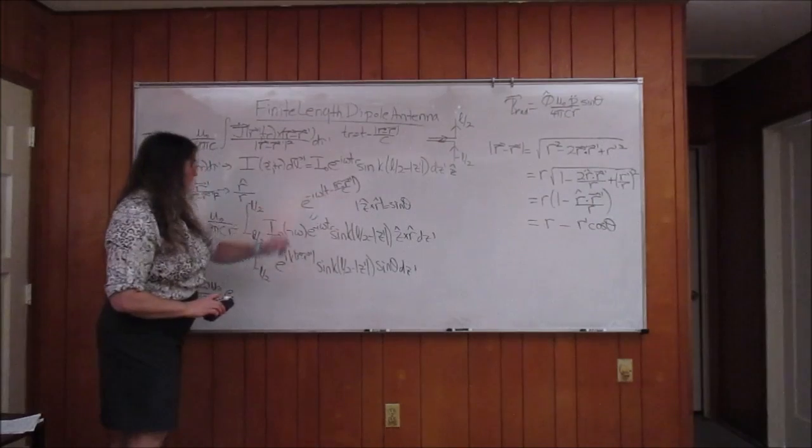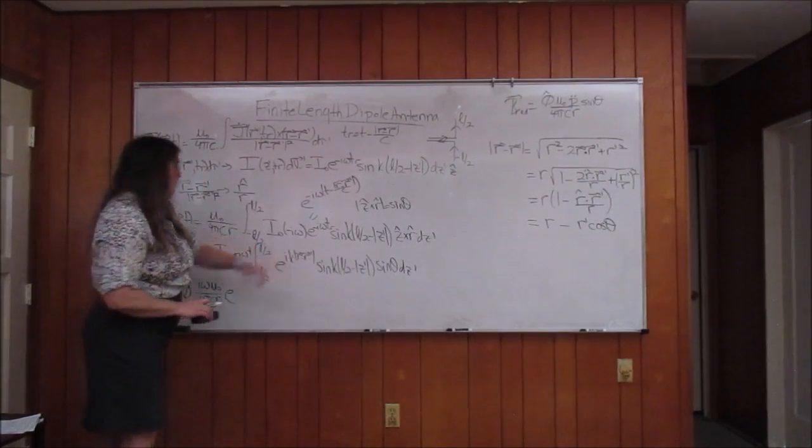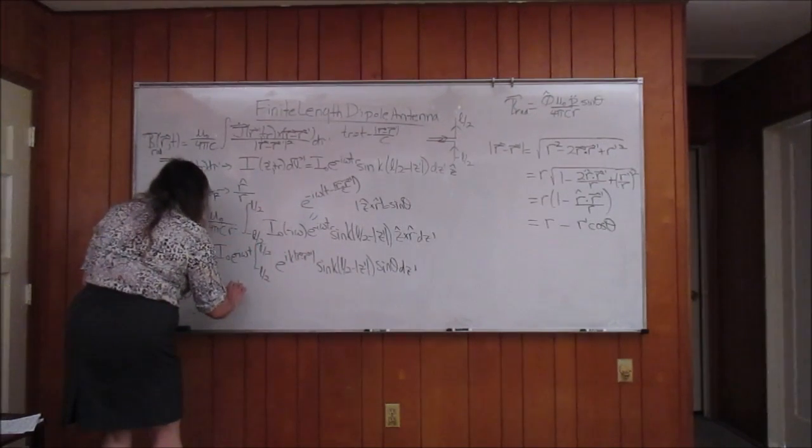When I substitute this expansion in here, that's going to be a factor of e to the ikr, and I can pull that outside.